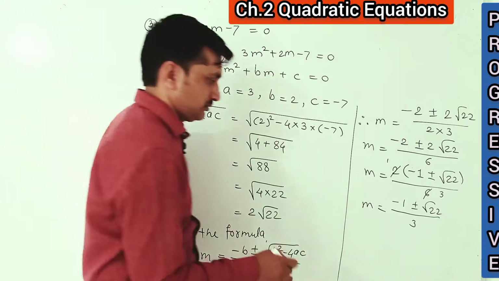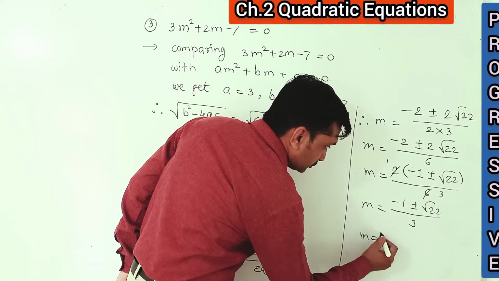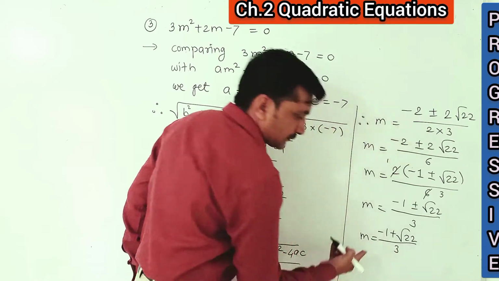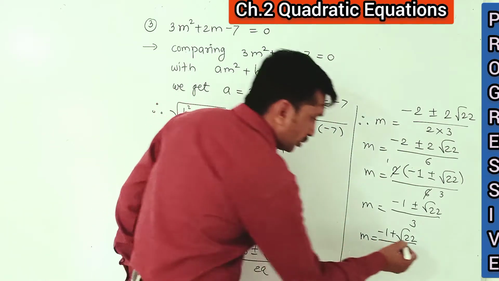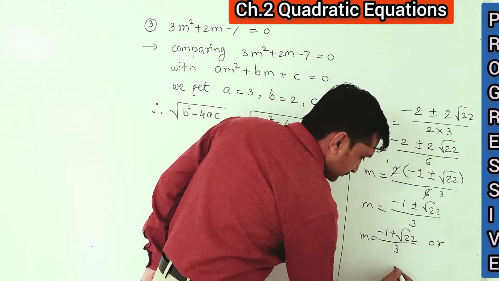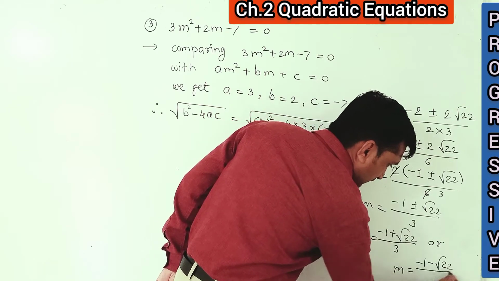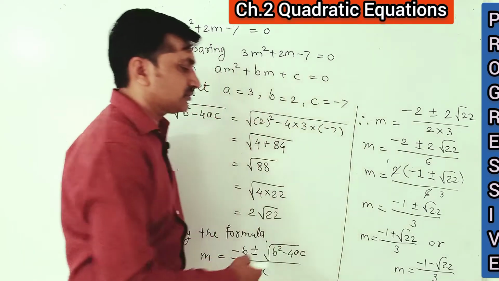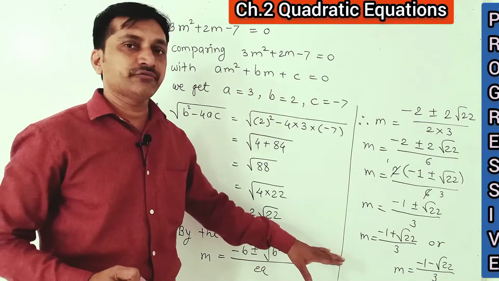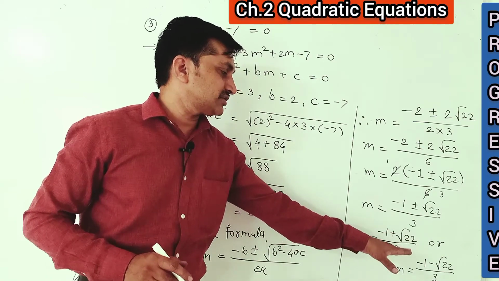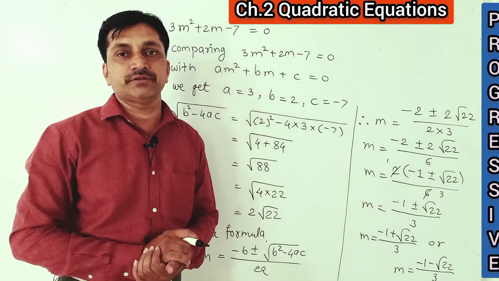And now separation at last. m is equal to minus 1 plus root 22 upon 3, or m is equal to minus 1 minus root 22 upon 3. And therefore at last the roots of equation are minus 1 plus root 22 upon 3 and minus 1 minus root 22 upon 3.